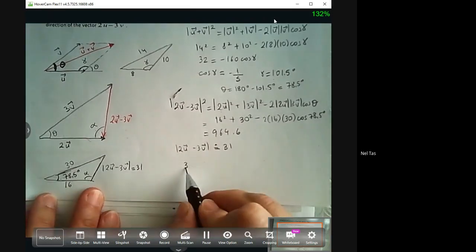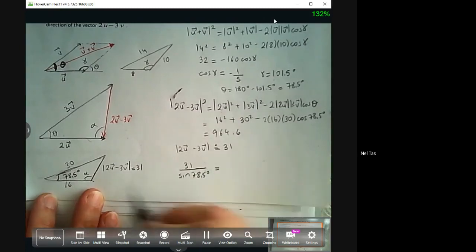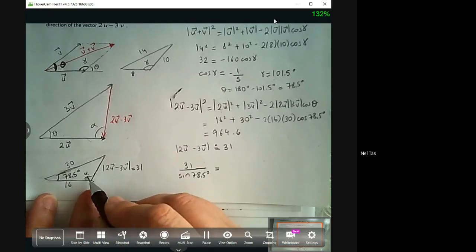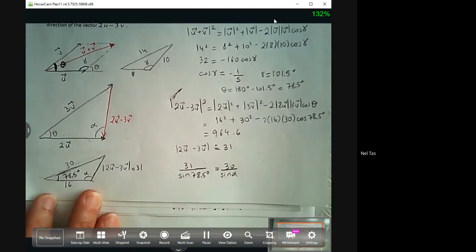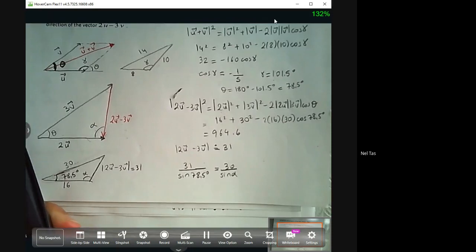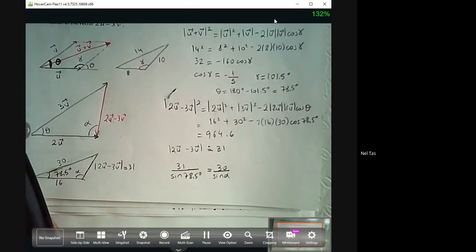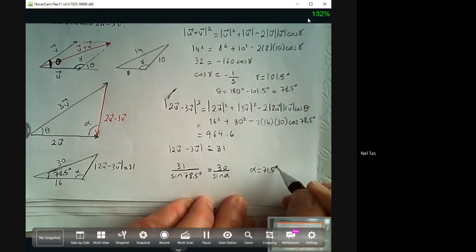Okay, so I'm going to find alpha here, and I got this one, 31. So I can do 31 over sine 78.5 equals, so I'm looking for alpha, so 30 over sine alpha. So 30 times sine 78.5 divided by 31, and I will do sine inverse of that, so that gives me 71.5. So alpha is 71.5.